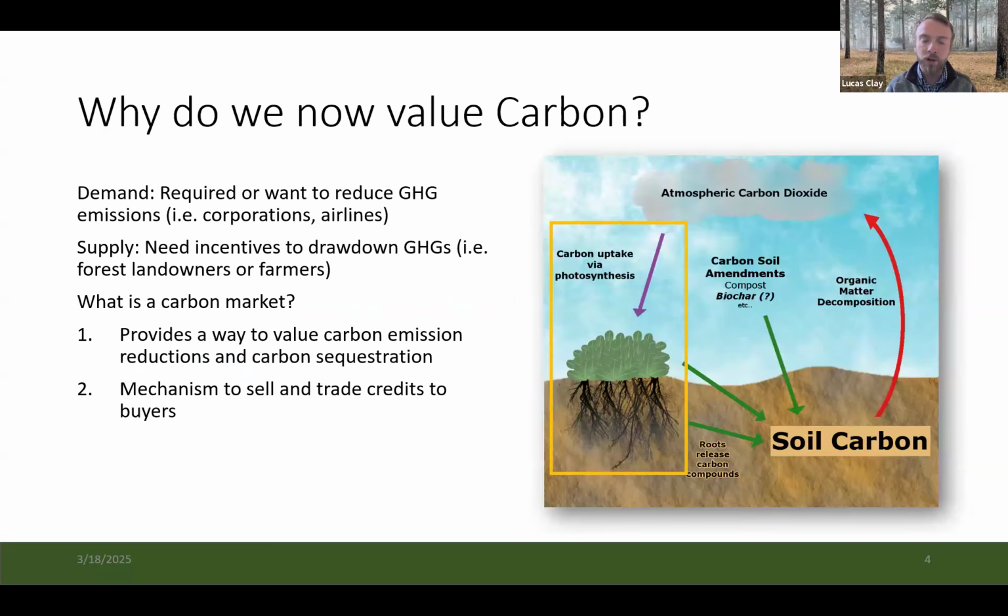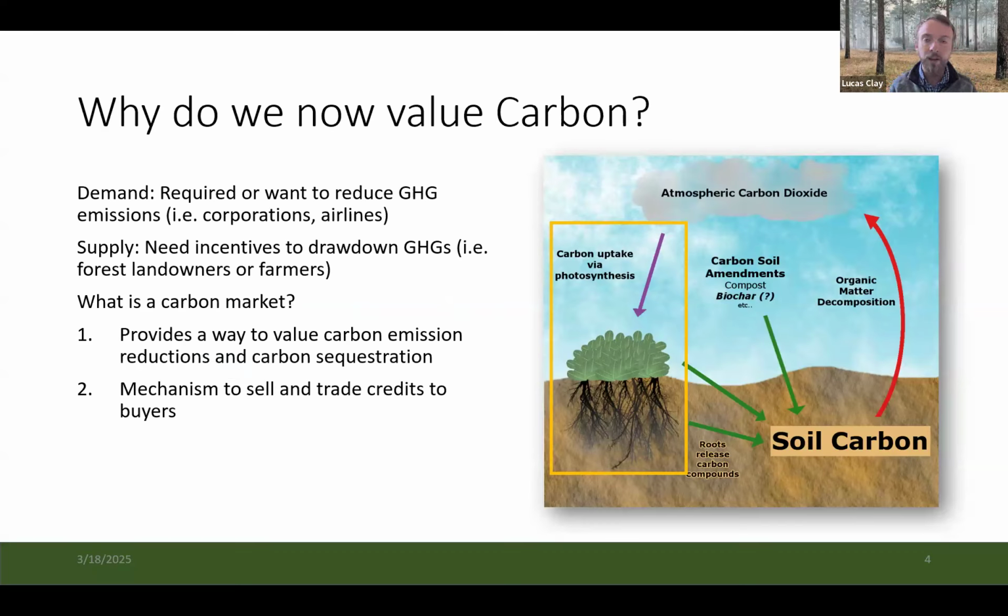So in recent years, we're actually starting to value carbon. And to value carbon really drives home this idea that we now have a market for it. So there's supply and demand. The demand side is those corporations and airlines who are required or want to reduce greenhouse gas emissions in various voluntary frameworks or compliance markets.